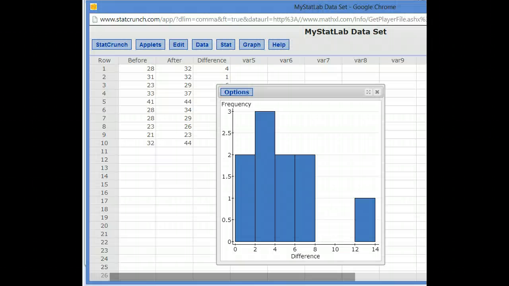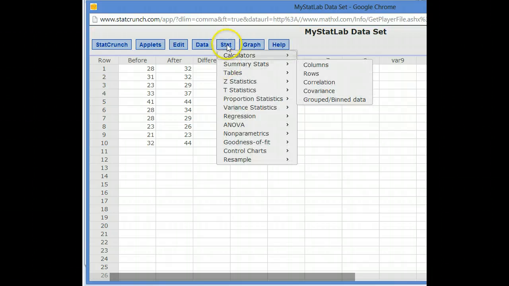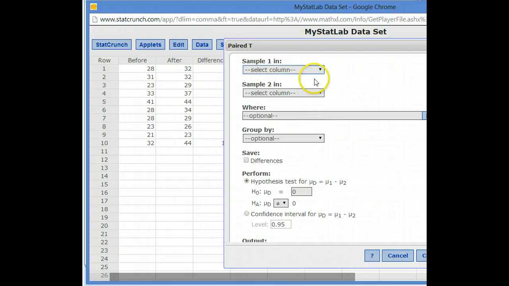And I'm going to hop over to StatCrunch and quickly do the statistical analysis by hitting Stat. We know it's a t statistic, and it's going to be a paired t statistic. The first set of data is going to be the before, the second set of data is going to be the after, and we are going to do the hypothesis test, and we want to do a one-sided test with mu1 minus mu2 being less than 0, so that mu1, which is before, is less than mu2.